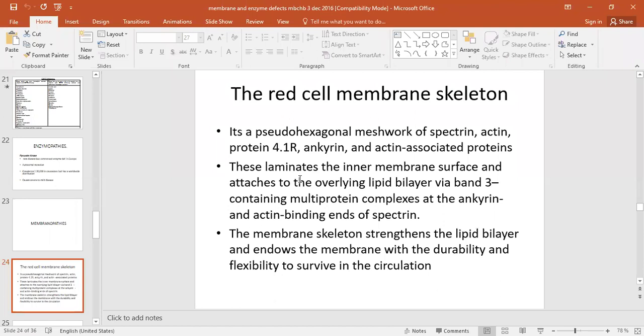Remember, ladies and gentlemen, the red cell has to move within circulation from one corner of the body to the other. And sometimes it has to pass through very thin blood vessels. If you look at the capillaries or the venules, especially the capillaries, they tend to be very small.